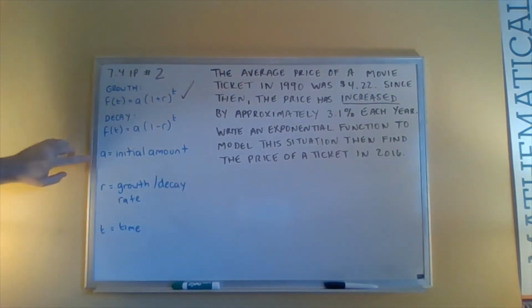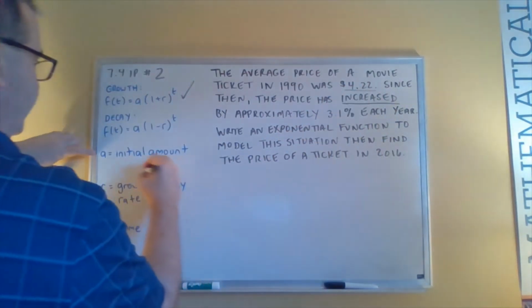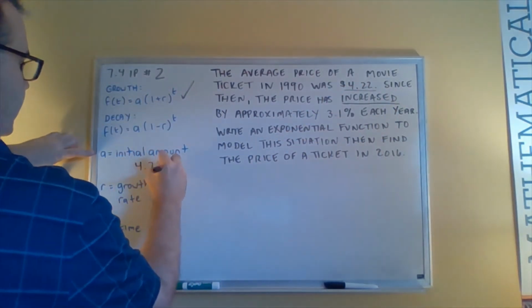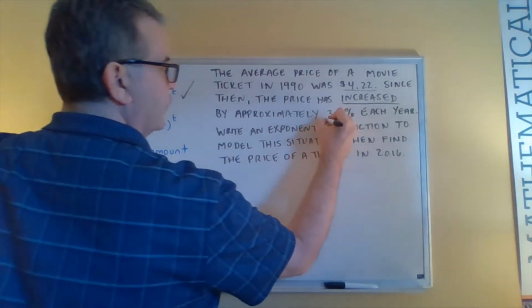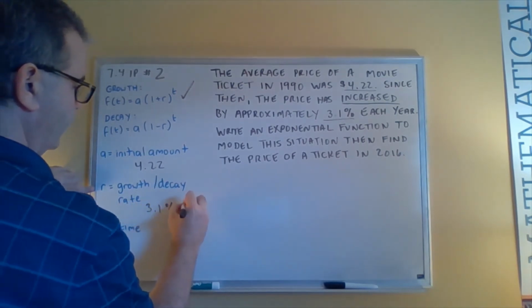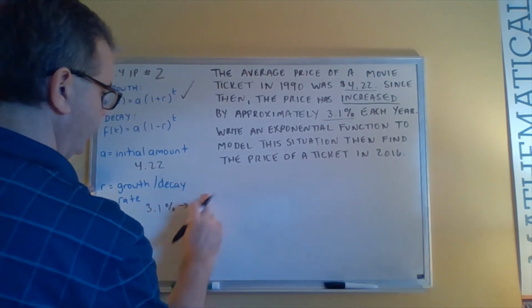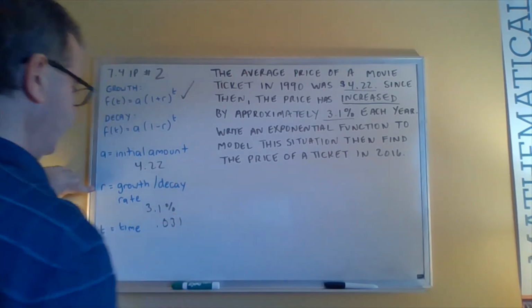Next, we need to identify A, R, and T. A is our initial amount, which was right here, 4.22. We're going to be looking for our growth rate, R. That's given to us right here, 3.1%. We're going to write that as a decimal, 0.031.